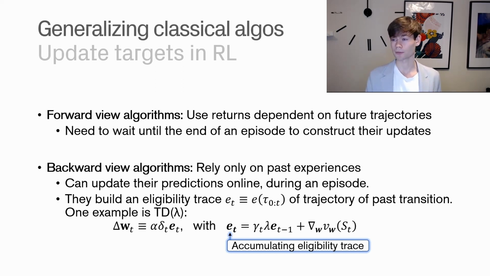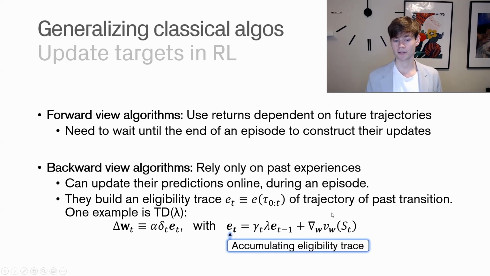For these backward view algorithms in general, they construct what's called an eligibility trace. So it's a function at the current point of time, t, that takes into account the entire trajectory. So tau is the trajectory, from time 0 up until current time t.